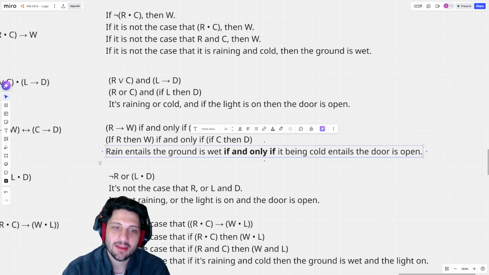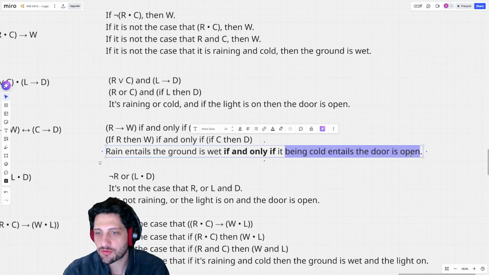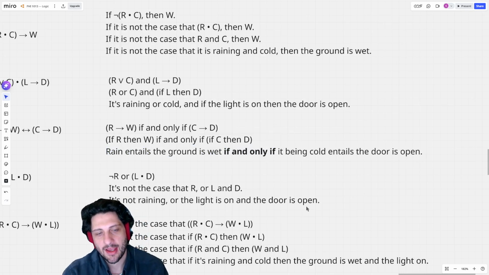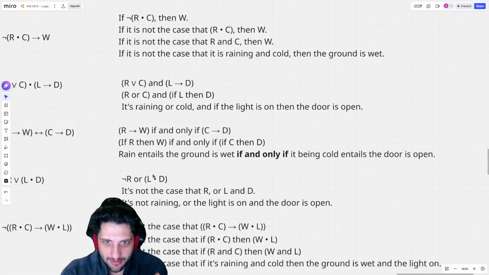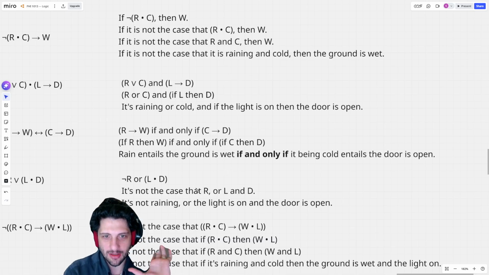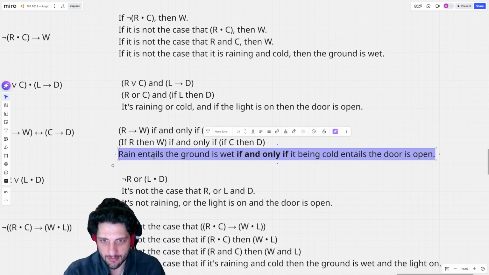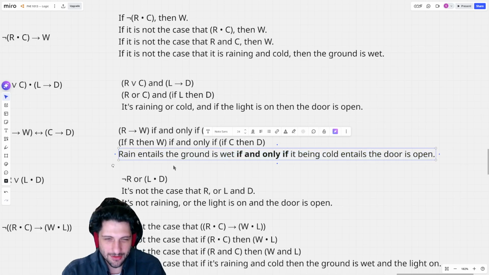So it's like saying this rule is true if and only if this rule is also true. Especially when we read these in English, it becomes more and more complicated and ugly to parse out. If I just showed you this statement, you would be forgiven for thinking, wait, could you slow down? I'm not sure what that means.